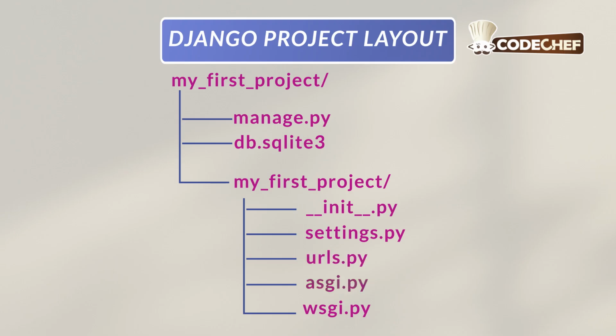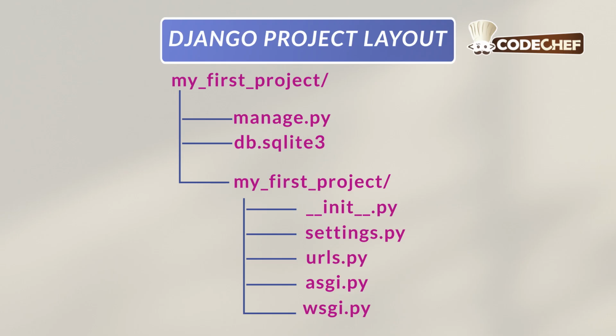And then we also have asgi.py and wsgi.py, which are entry points for deploying your apps on web servers. And we also have a file called __init__.py, which tells Python that this folder is a package. Now this layout might look like a lot for you now, but Django takes care of most of it for you. You just need to understand what each piece does.